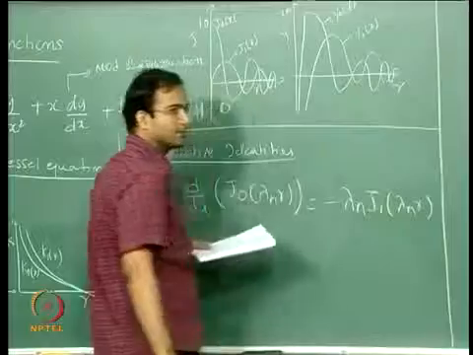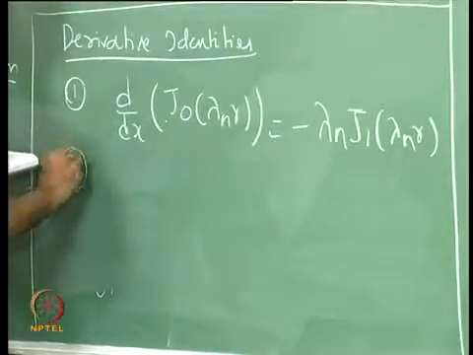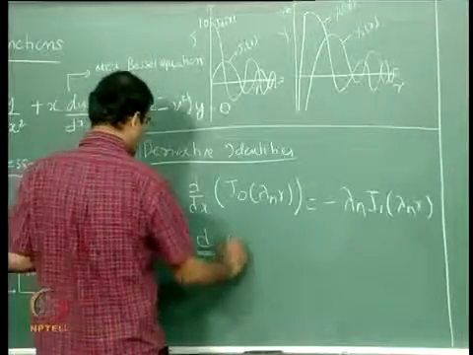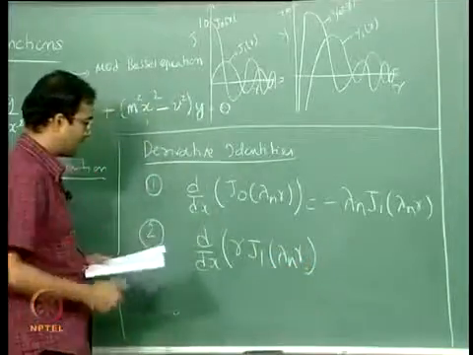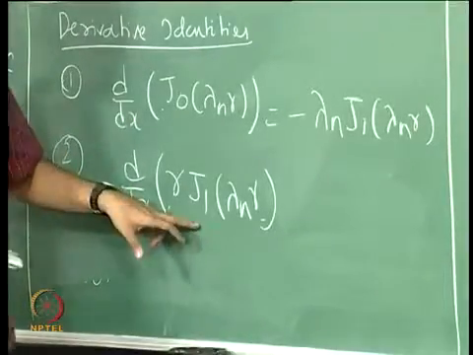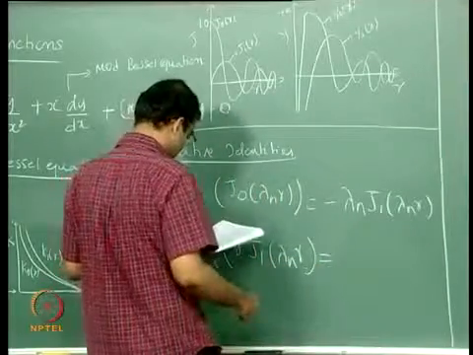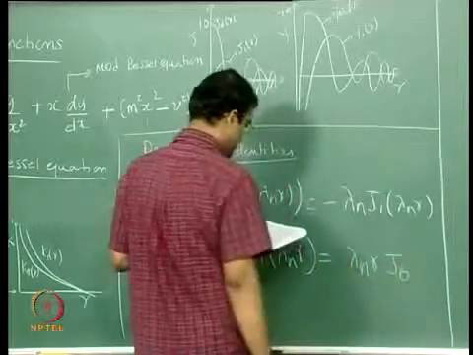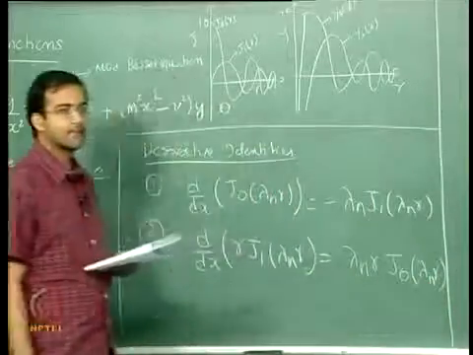This is your first identity. The second identity: if you differentiate r into j1 lambda n r, so if you multiply r with the first kind Bessel function of the first order, you will get lambda n r into the Bessel function of the 0th order, lambda n r. This is your second identity.